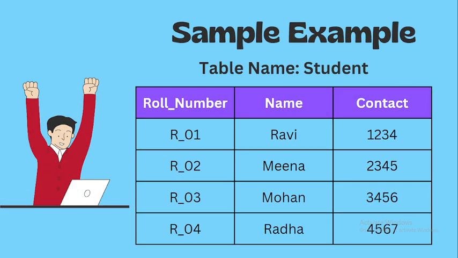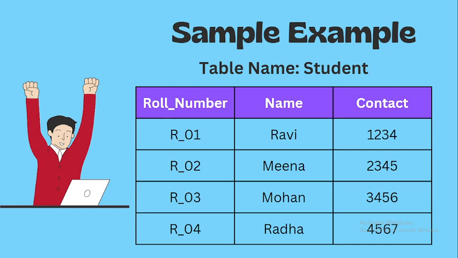So let's understand how to delete the records, either selected records or all of the records from a table, with the help of a sample example.